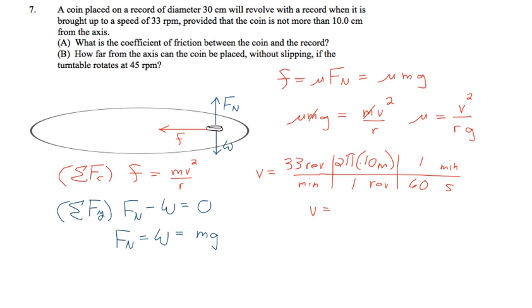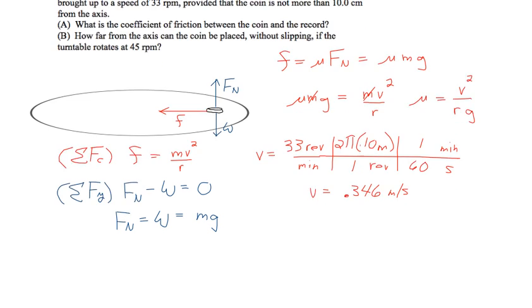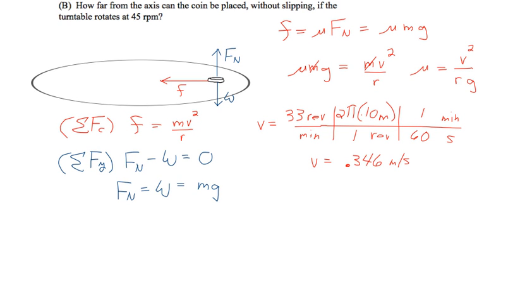So what's the V here? 0.346 meters per second. And so now I can just plug into my formula right here to solve for mu. So mu is going to be V squared over Rg.